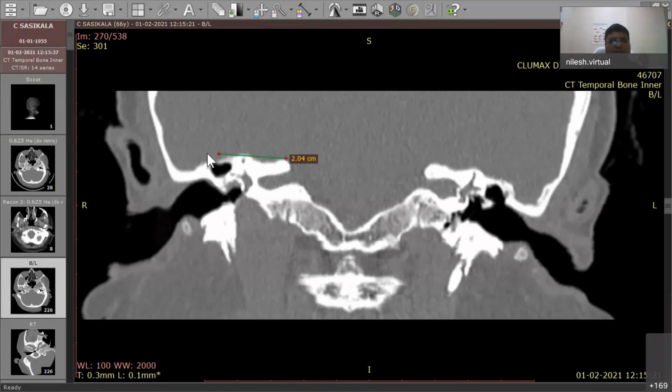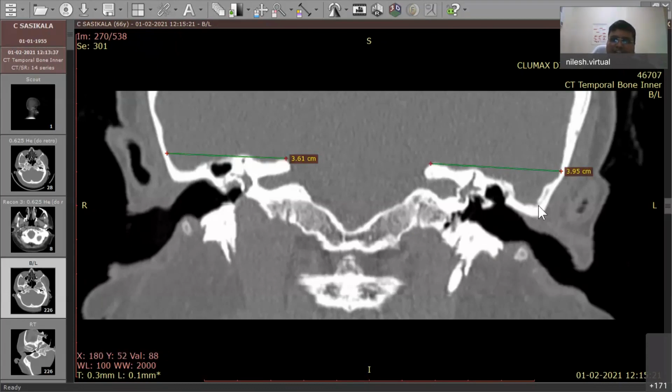Now you are drawing the line along the middle fossa dura, not the posterior fossa dura. Similarly, you draw a line along this. So if your tegmen is projecting down below this, you can say it is a low lying tegmen. Now in this particular case, what is happening?